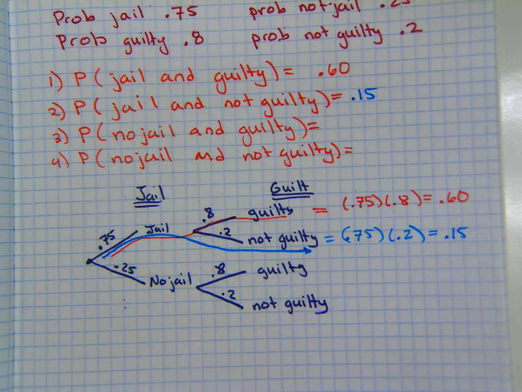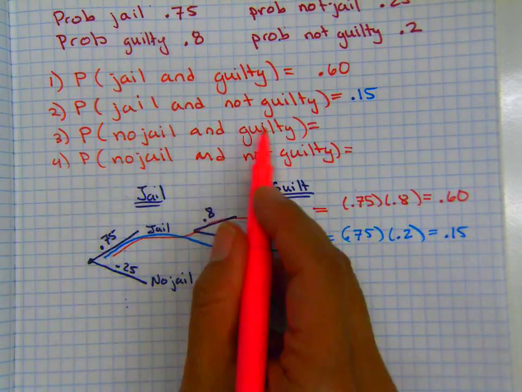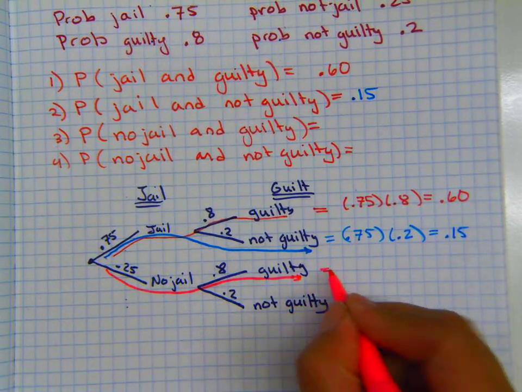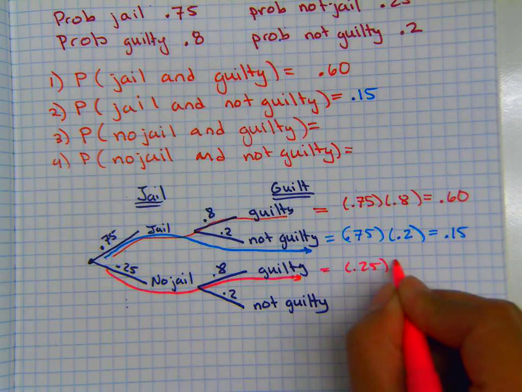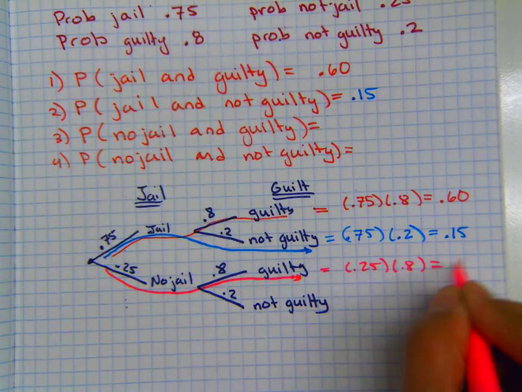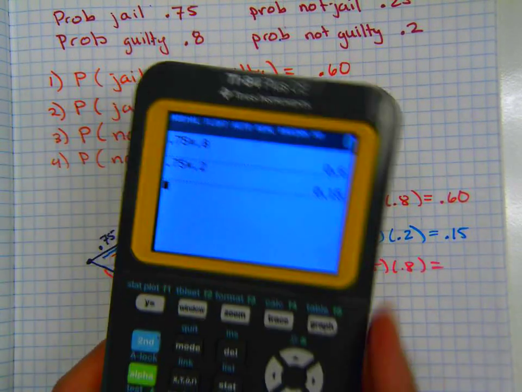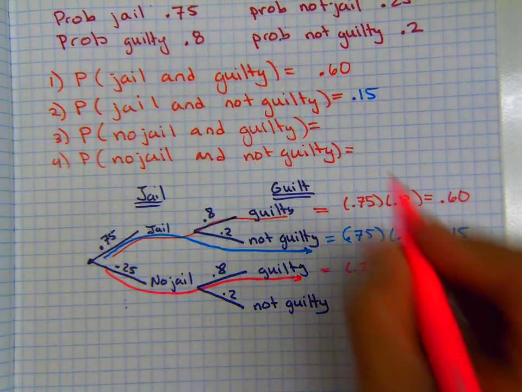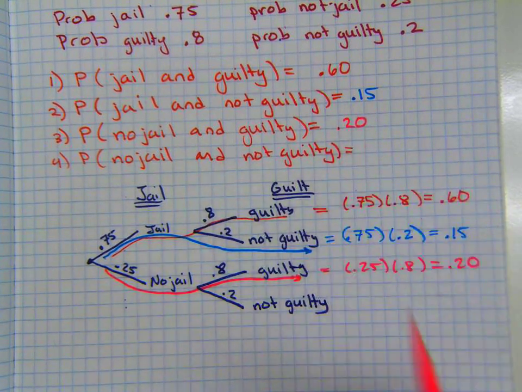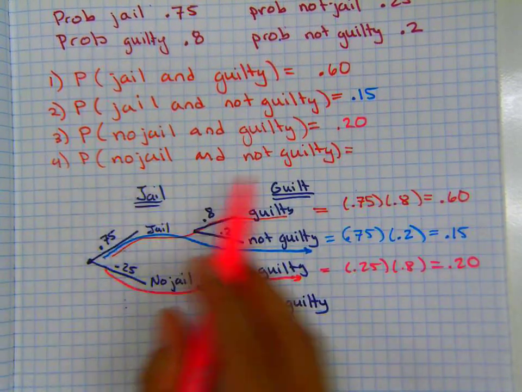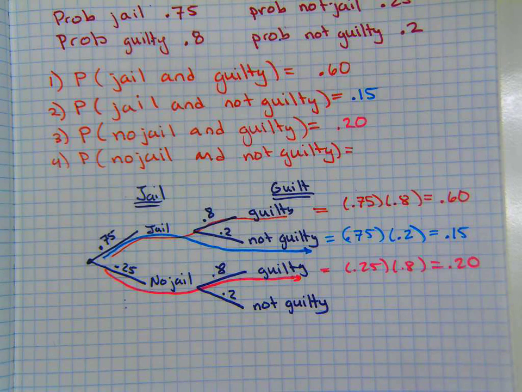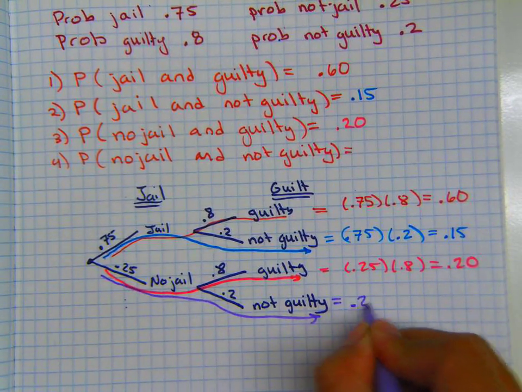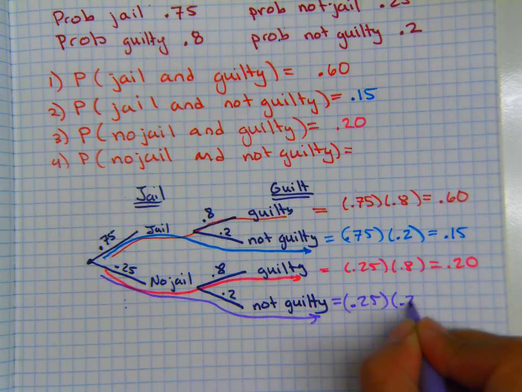All right, let's take a look. No jail and guilty is going to be this pathway. 0.25 times 0.8 is 0.20. And then finally, no jail and not guilty, it's going to be this pathway down here. 0.25 times 0.2.